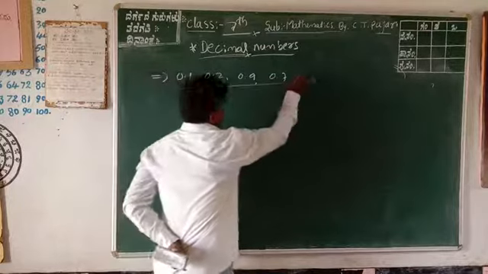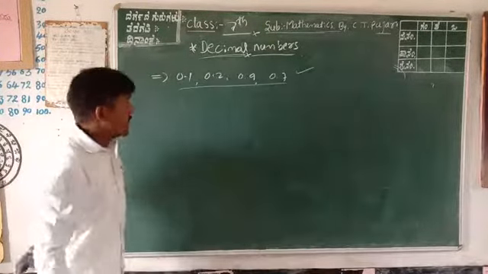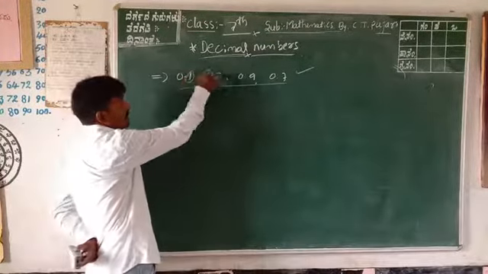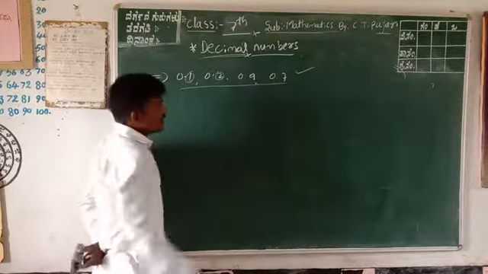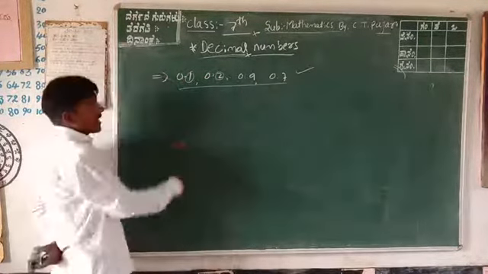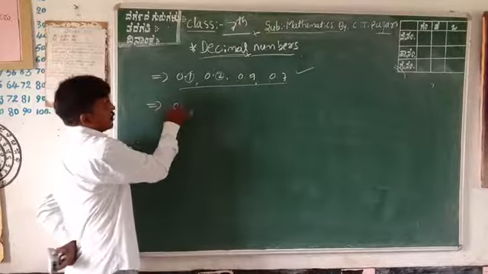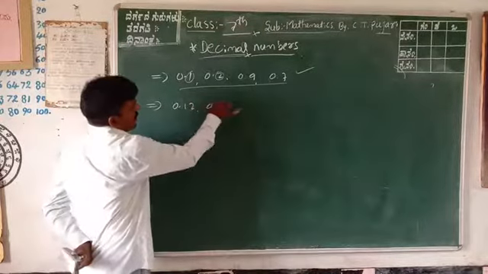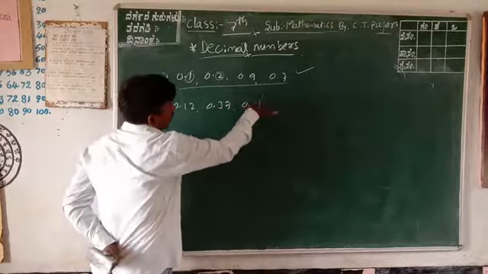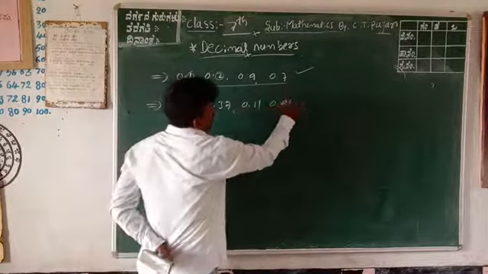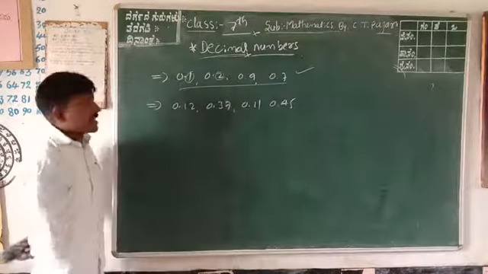These are all decimal numbers. The decimal digits are only one digit. The next is 0.12, 0.37, 0.11, 0.45. In the decimal places, there are two places.